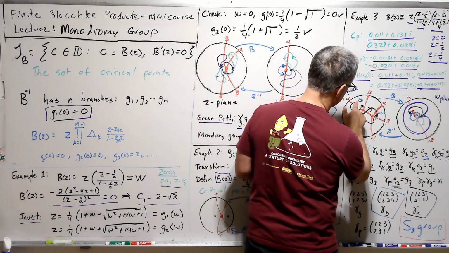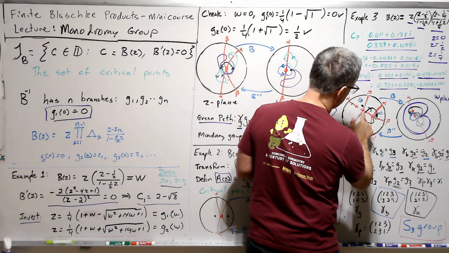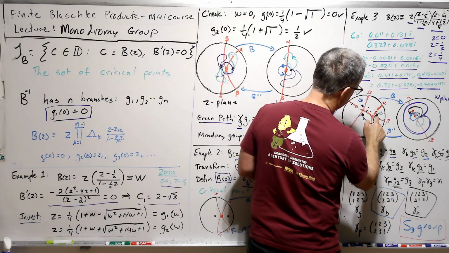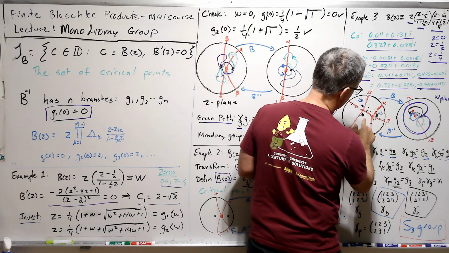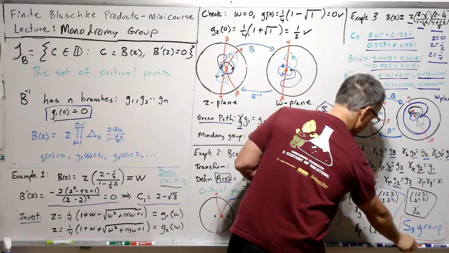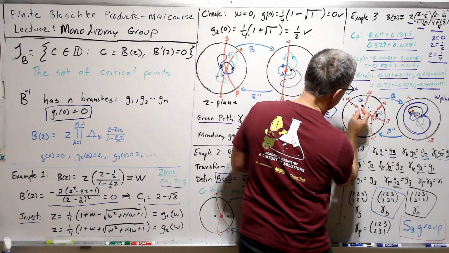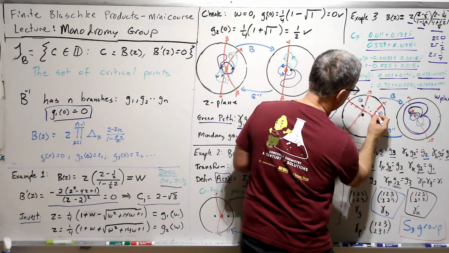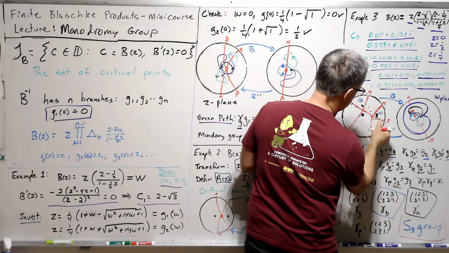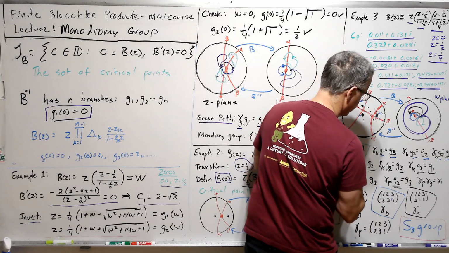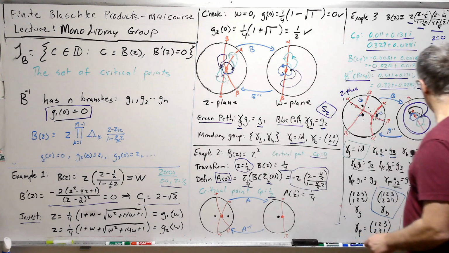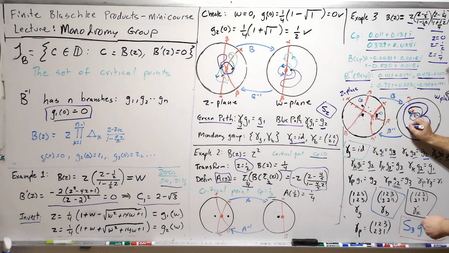I'm going to erase this. So let's give a direction to this. I'll go around a beta cut and then come back on an alpha cut.